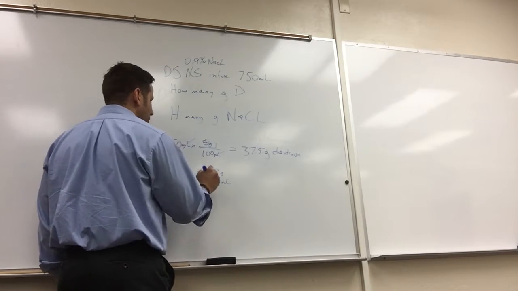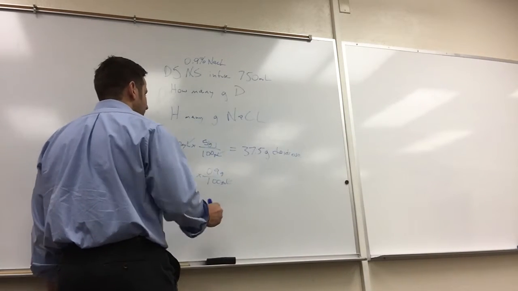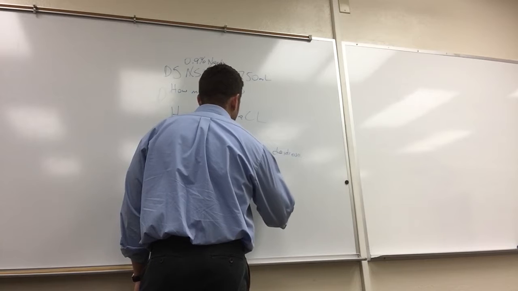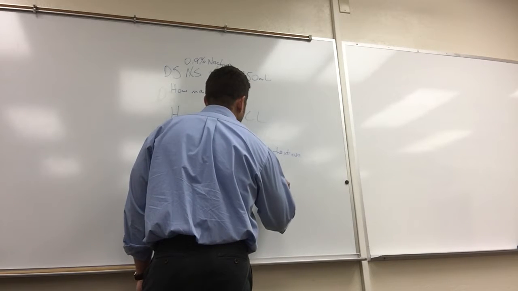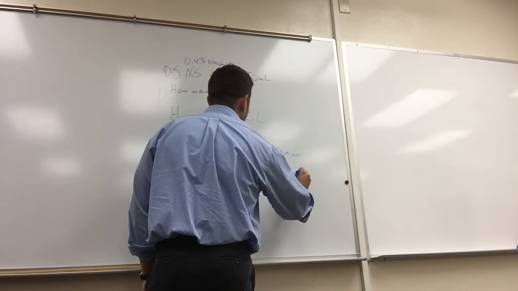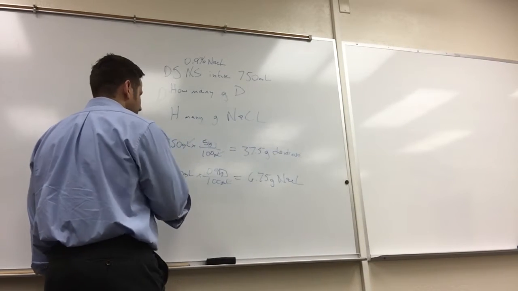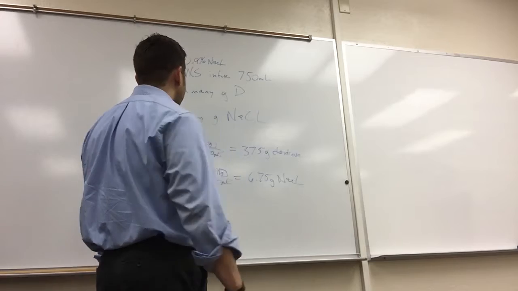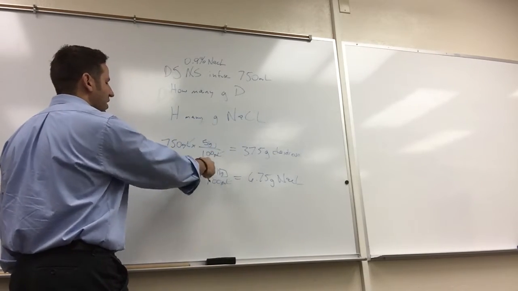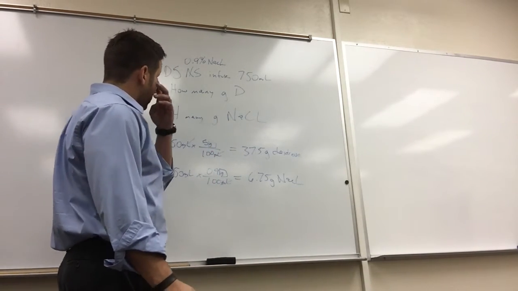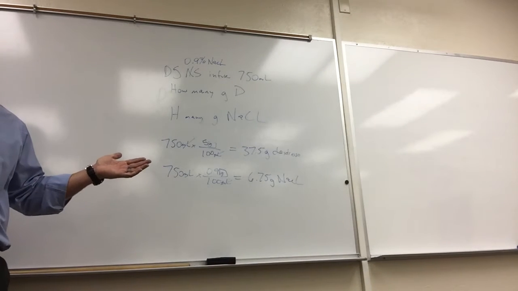This is dimensional analysis. We're doing conversions. Okay, so 750 times 0.9 divided by 100. 750 times 5 divided by 100. Okay? There you go. Simple enough, right?